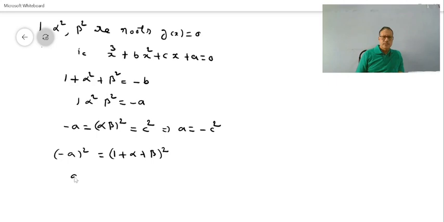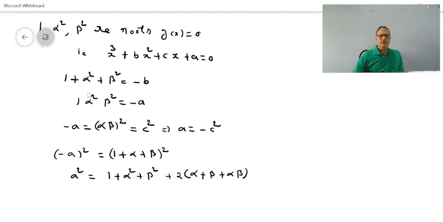So minus a whole square is a square. This is 1 square is 1 plus alpha square plus beta square plus 2 into 1 into alpha is alpha plus 1 into beta plus alpha into beta. Now, 1 plus alpha square plus beta square is minus b.